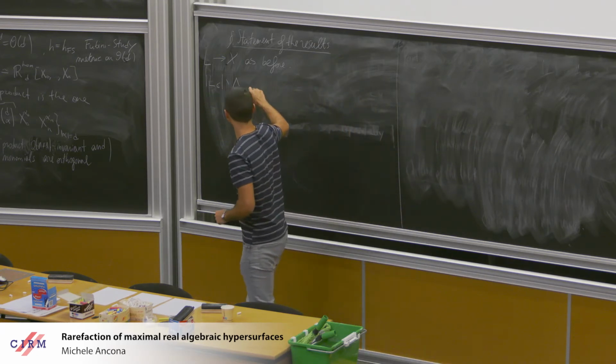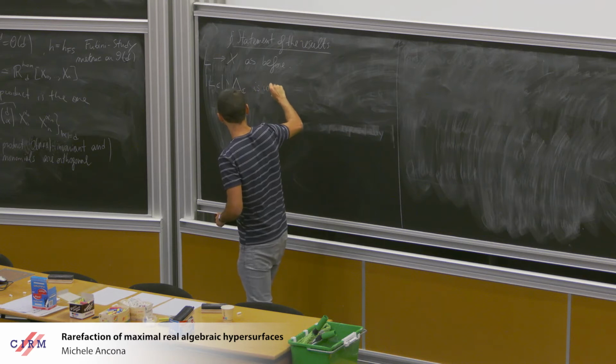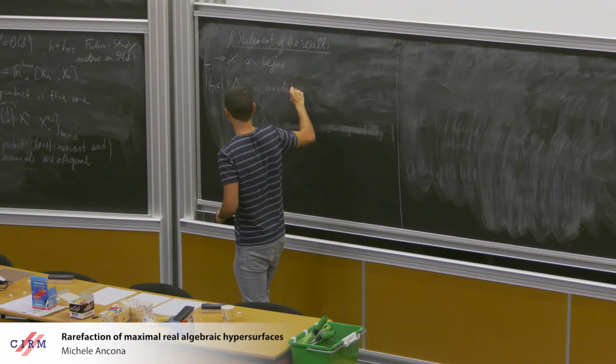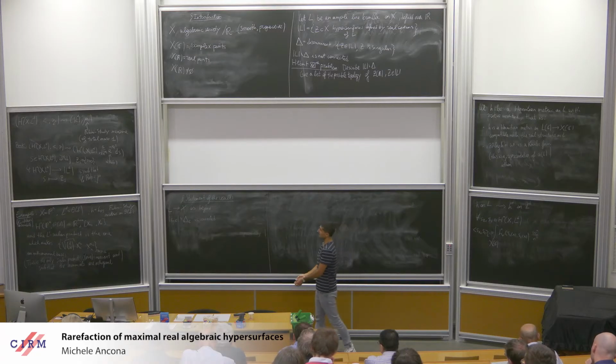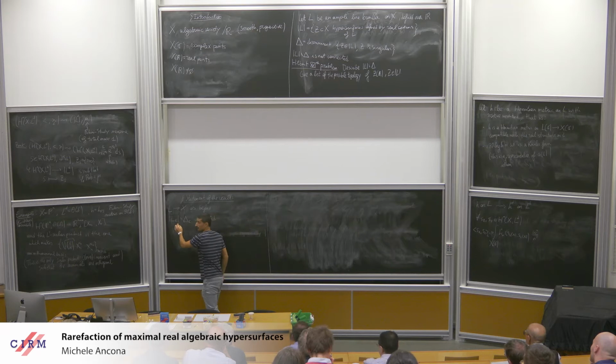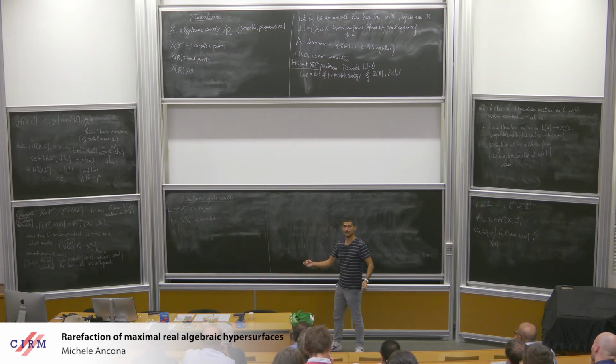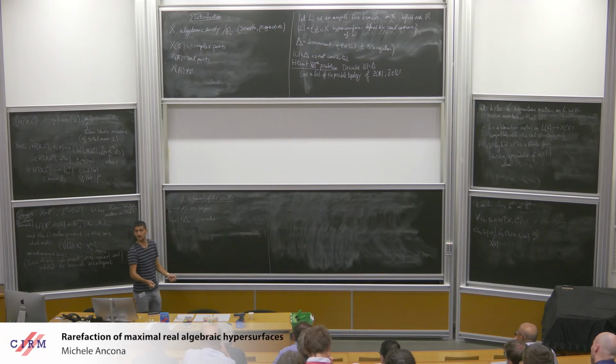So now this set is connected. And this means that any two smooth complex hypersurfaces can be joined by a path of smooth hypersurfaces. And then by Ehresmann, this means that these hypersurfaces are isotopic.